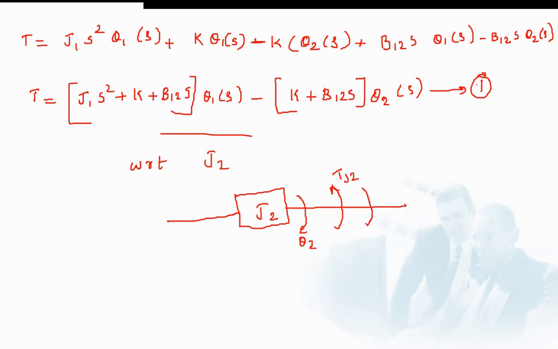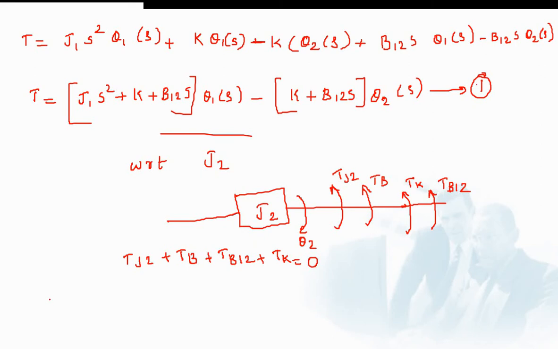Then the other elements connected: a damper B is connected to J2 and the lever, so TB, and spring TK, and TB12 is connected between J1 and J2. So we can write the equation as TJ2 plus TB plus TB12 plus TK equal to 0, since there is no direct force.